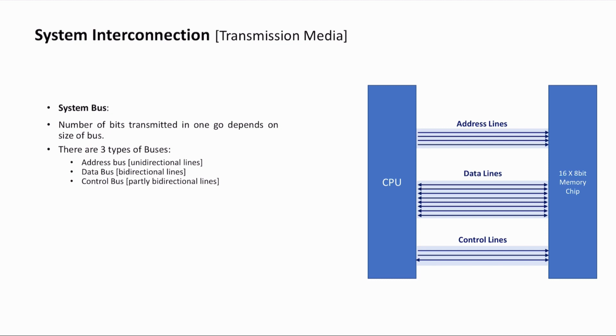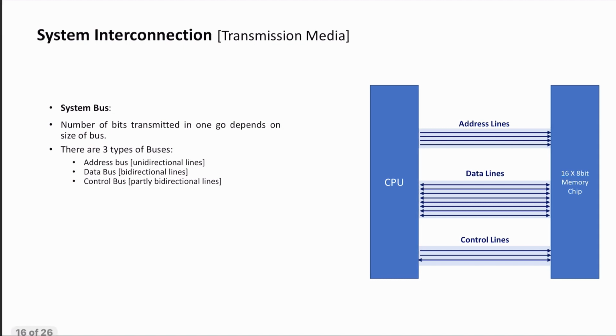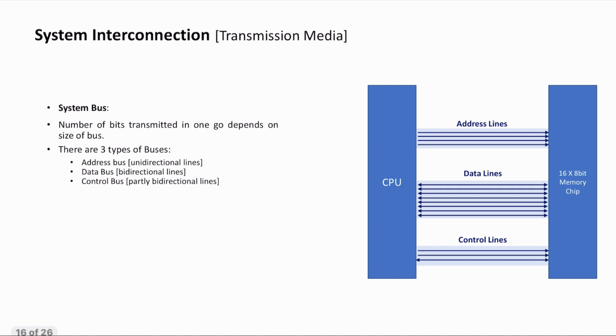Similarly, the data bus is kind of different. Here we can see the data bus has bidirectional lines, right? That means CPU can either get information or send information. What is information?